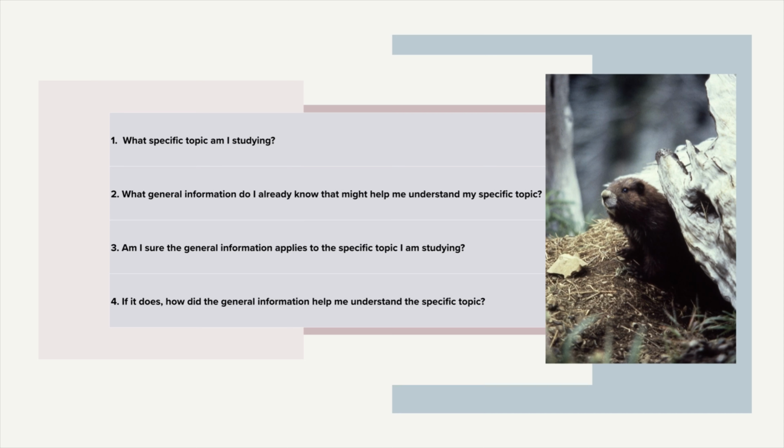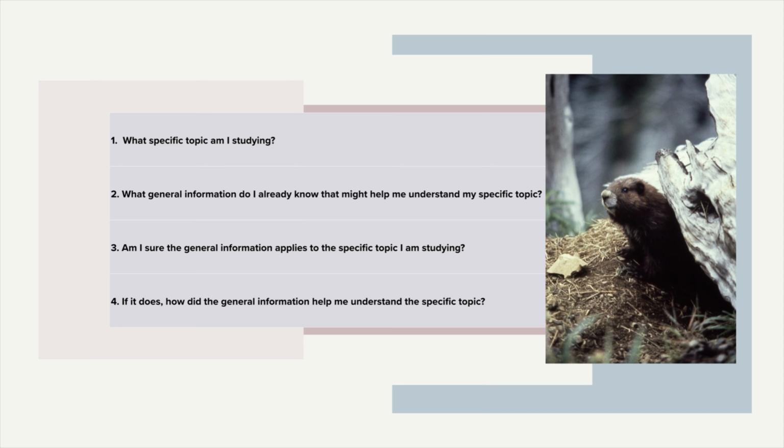To give an example from my grade 3 class last year, one student chose to research the endangered Vancouver Island marmot. One of her early searches revealed that marmots are mammals. My student activated prior and general knowledge about mammals to deduce that marmots are covered with hair or fur.